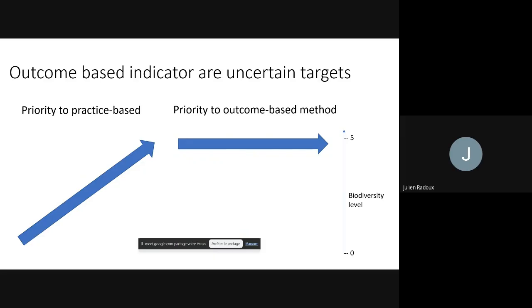So there is a transition time between the start of the practice and the outcomes, where the biodiversity level may not increase steeply like I showed, but could decrease a little bit and then increase a lot, or evolve in a different way.